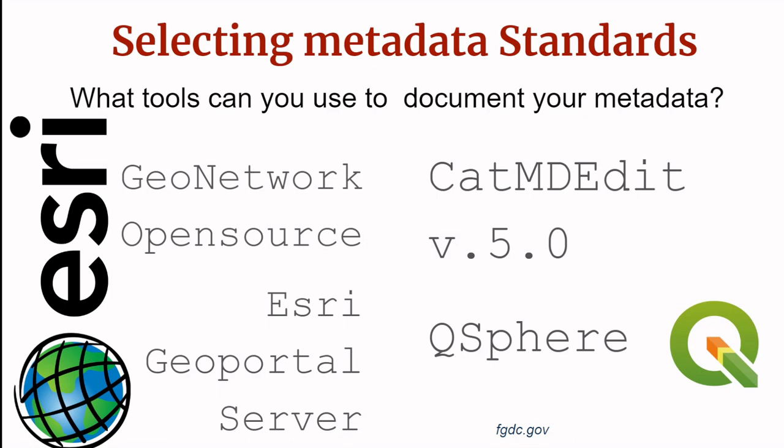GeoNetwork open source, or the GeoPortal server offered by Esri, is an application that you can use to edit and publish your metadata. So it is kind of all in one. You can create, edit, and publish your metadata online.